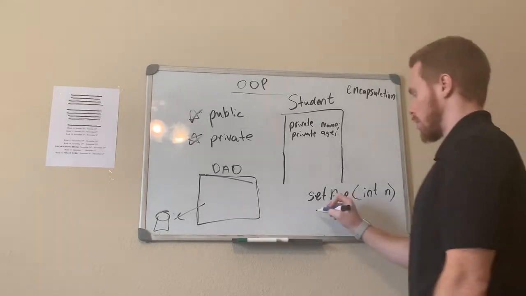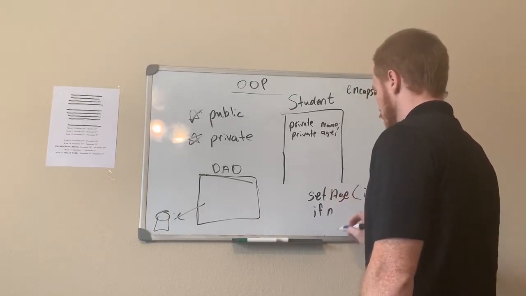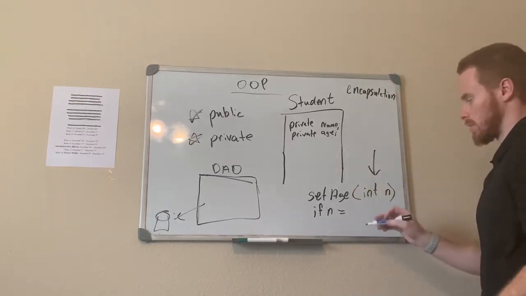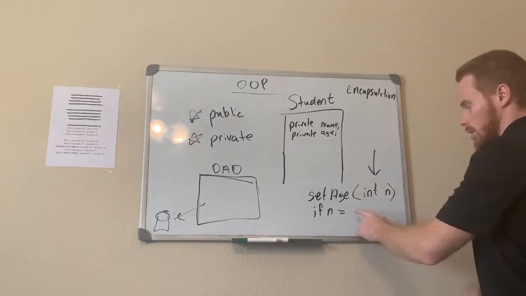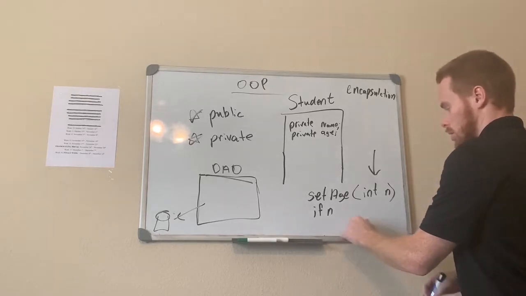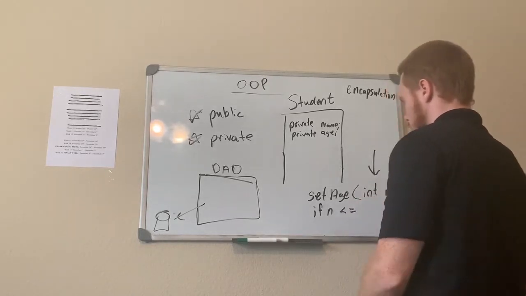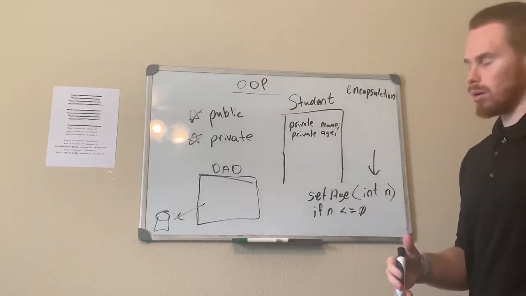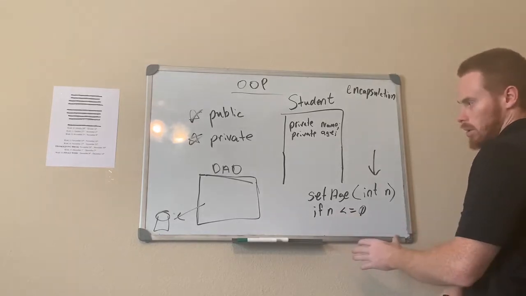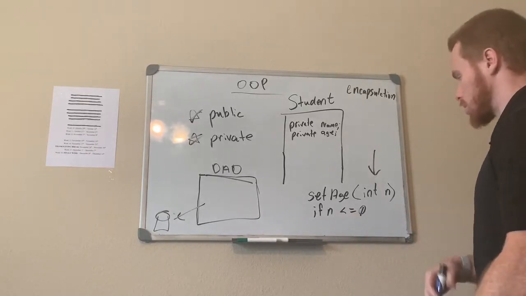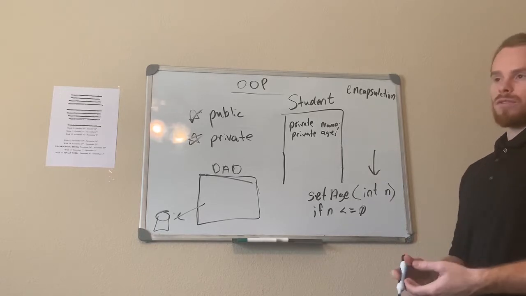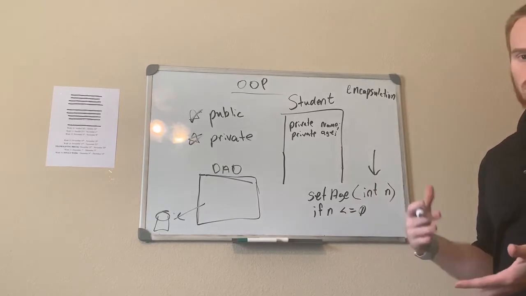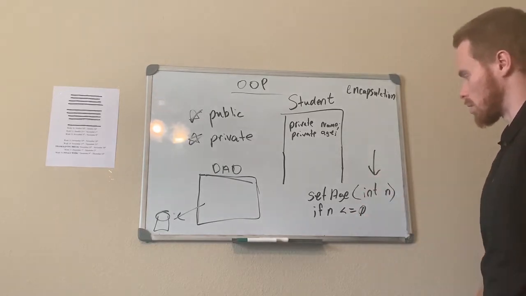Inside the body, I would probably say if n is less than or equal to 0, if they try to pass in some crazy value like -1 or 0, because you can't have somebody that has an age of 0 or below, then you would want to give some kind of error message. Same thing if they're over a max age, like 100 years old or something like that, you might want to catch for that as well.